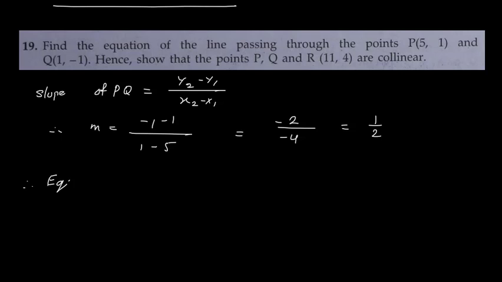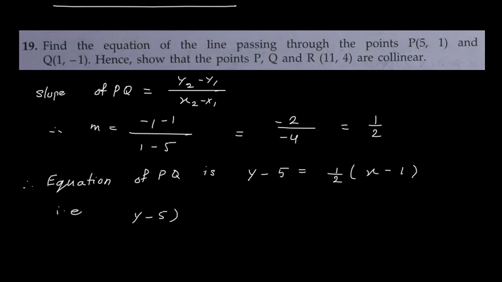So the equation of PQ is y minus y1, which is 5, equals m, which is 1 by 2, into x minus x1, which is 1. So we have 2 times y minus 5 equals x minus 1.